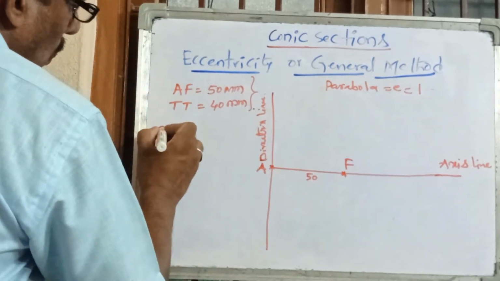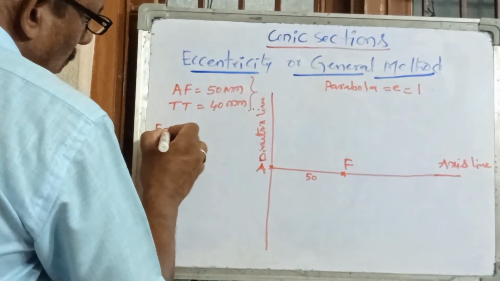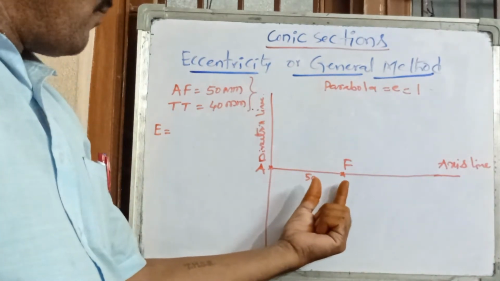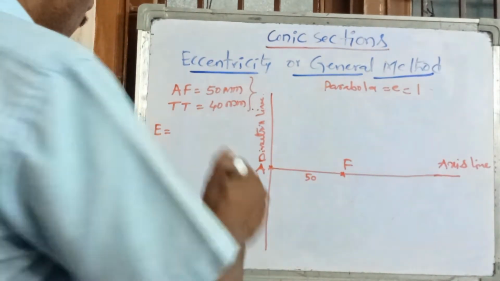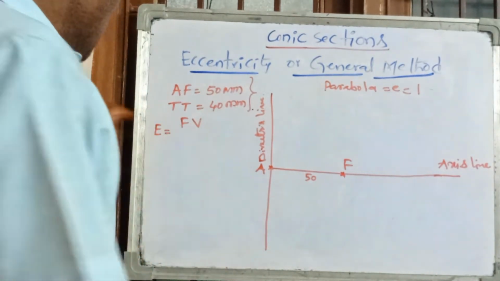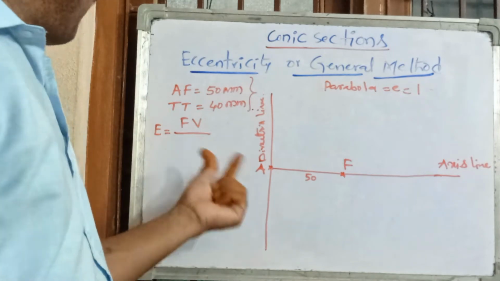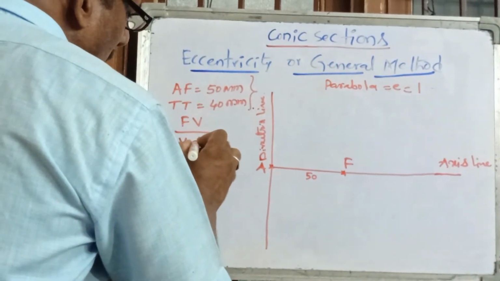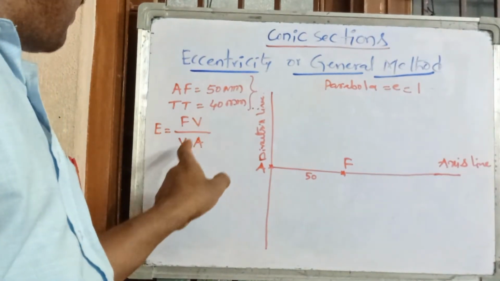Eccentricity is equal to the distance from focus to vertex, V being the vertex, divided by vertex to directrix point A. So that is FV divided by VA.